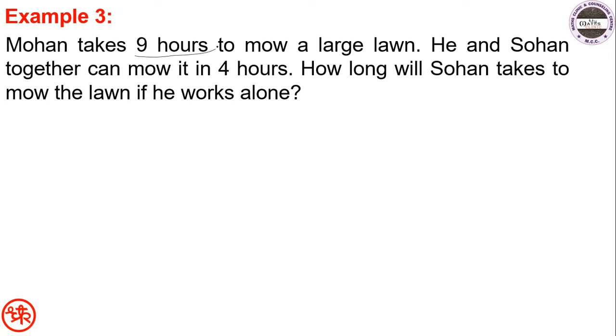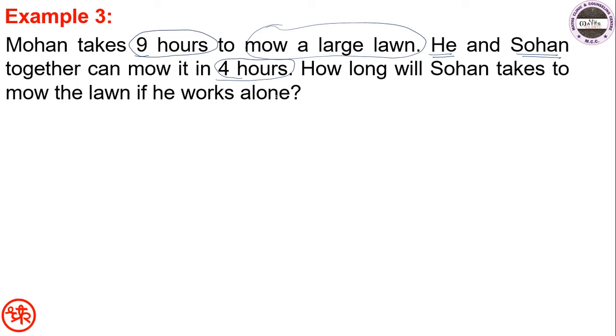Mohan takes 9 hours to mow a large lawn, and his friend Sohan together can do it in how many hours? 4 hours. How long will Sohan take to mow the lawn if he works alone?